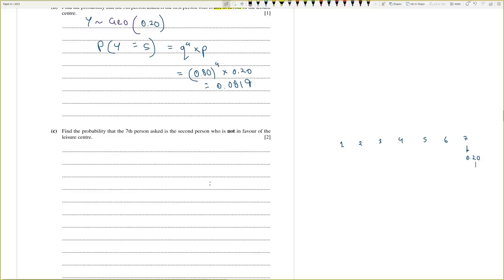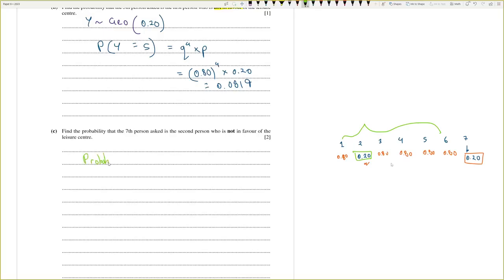And over here, one of these 6 guys, we don't know whom exactly, will have a probability of 0.20, while the others will have a probability of 0.80. So essentially this 0.20 is fixed, but this other 0.20 can actually interchange between all these 6 members. So how many options do we have? 6 options, 6C1 essentially. So this is how it goes. Check this.